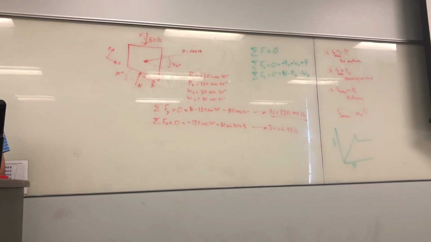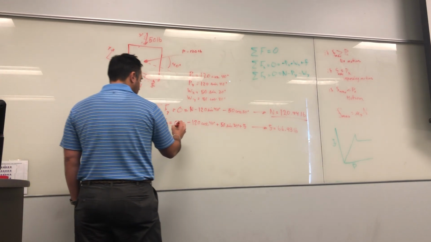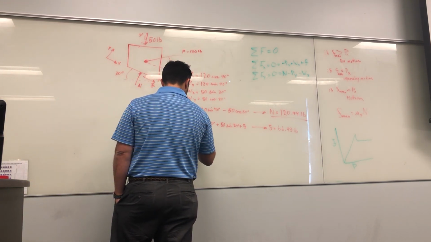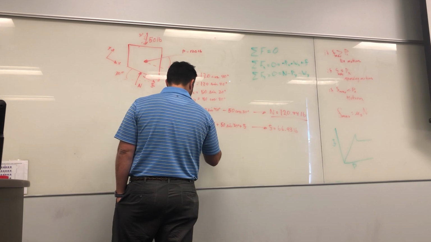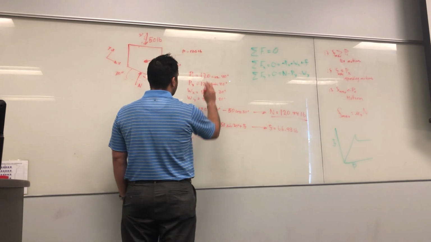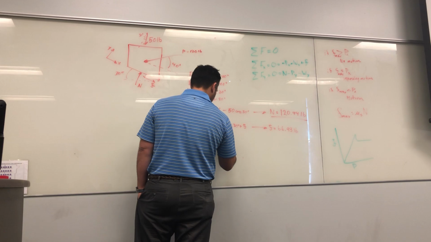Okay, but that's not the number that we are checking against, right? We need to check F max, not F. What's F max? Mu sub S times the normal, which we don't have written up there anymore.